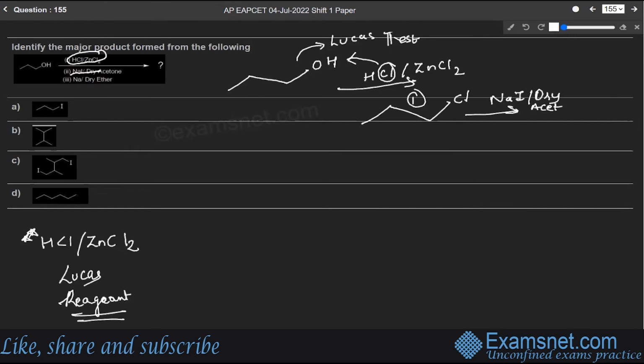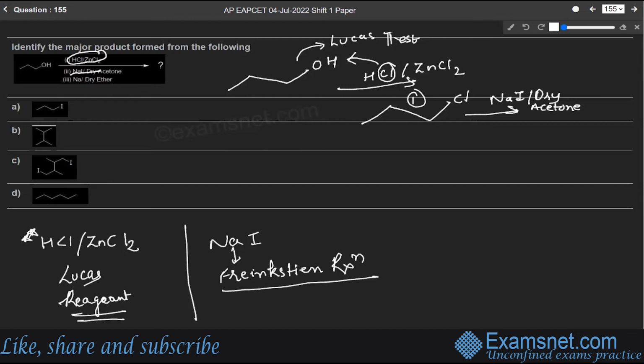This is the Finkelstein reaction, a haloalkane, haloarene reaction. It is a name reaction where we do a halogen exchange, generally using sodium iodide, and you replace the halogen with iodide. So it is basically an exchange of the halogen. So what you get in this is I, right? So you got I.